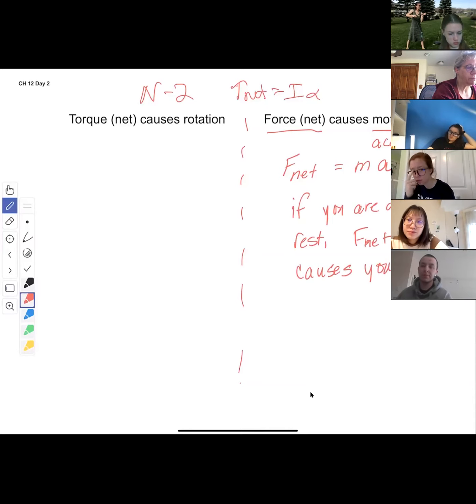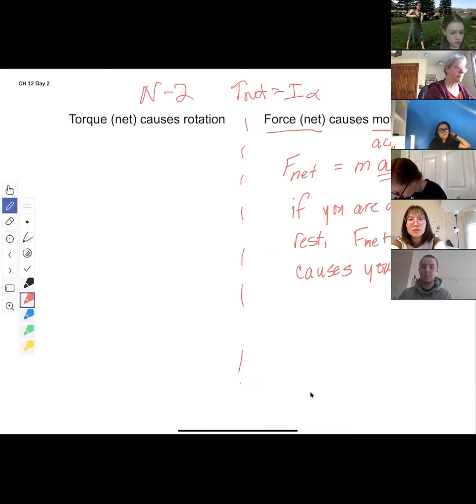Now, you know that when you actually have to apply it, you have to apply it to acceleration, not to velocity. The same thing happens with net torque. The normal way we would write that, tau net is equal to the rotational equivalent of mass, moment of inertia, times alpha, the angular acceleration.